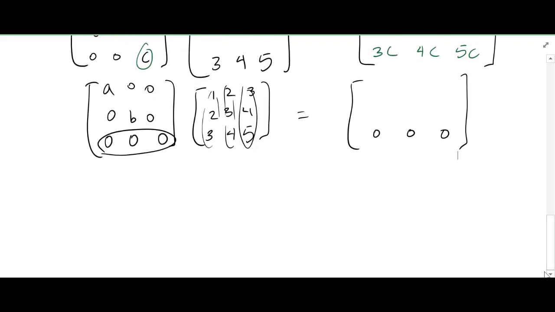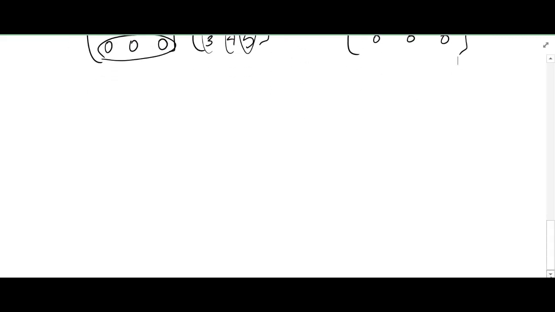And sometimes we want only a particular entry of the product of two matrices. We don't care about the whole product, A times B. We don't care about every entry. We only care about one particular entry or one particular row or column. In order to find that, there are some rules you can use.